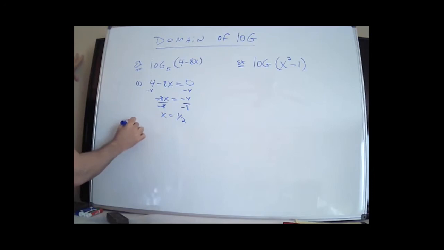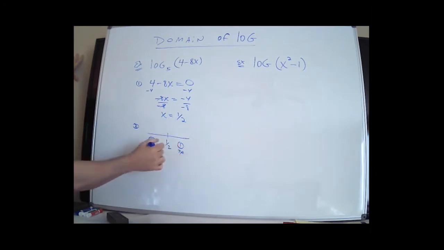I'm going to take this dude now for step 2, and I'm going to put him on the number line, just like I did before. I'm going to pick a number on this side as a test point, and a number on that side as a test point. You can pick whatever you want, but I have 1/2, so I may as well pick 0 and 1. Then I'm going to plug these numbers in and see if they work.